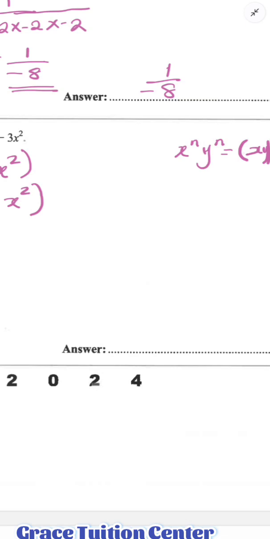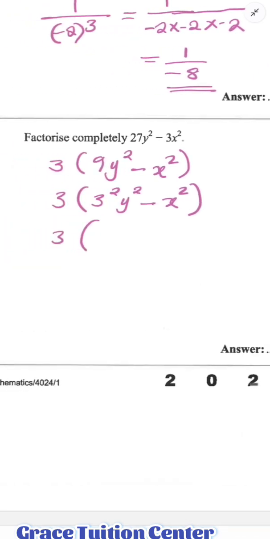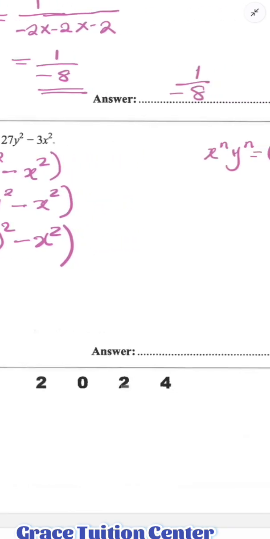So using this rule here, I'll put this power 2 there. 3 to the power 2 y to the power 2 is just the same as me saying 3y to the power 2. So the power is put out there, minus x squared. So once I reach this stage, now I'm going to apply what we call the difference of two squares.